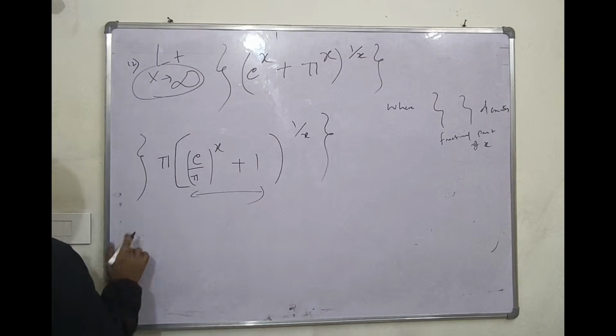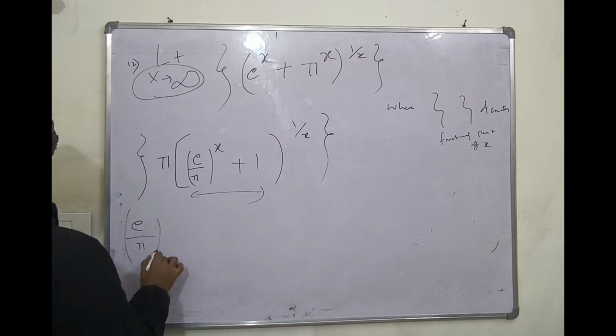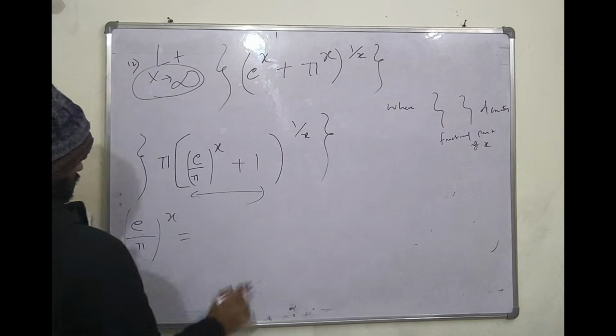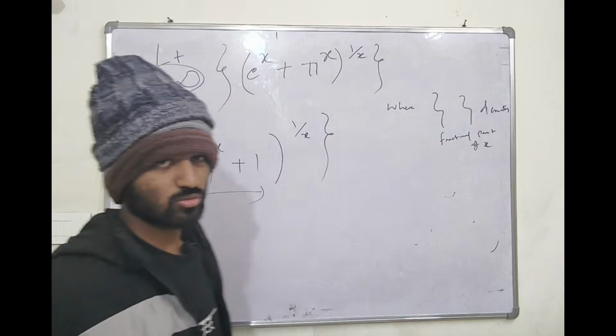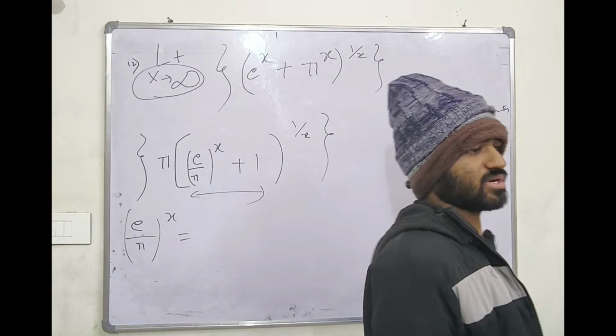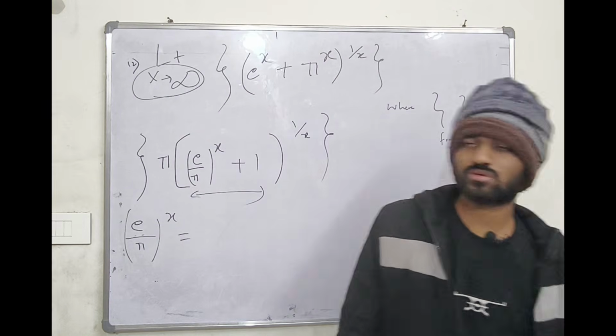Let's talk about e by pi whole power x. e equals 2.7 and pi is 3.14 something.